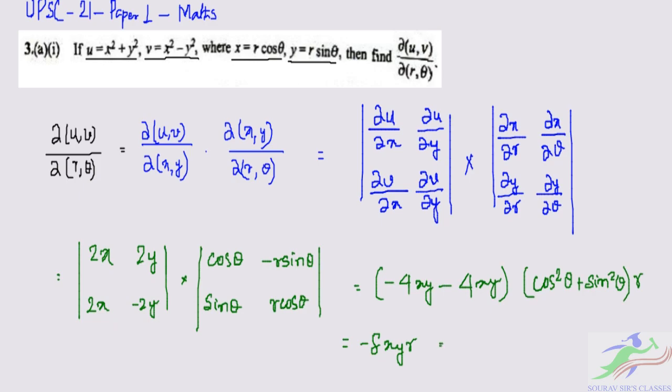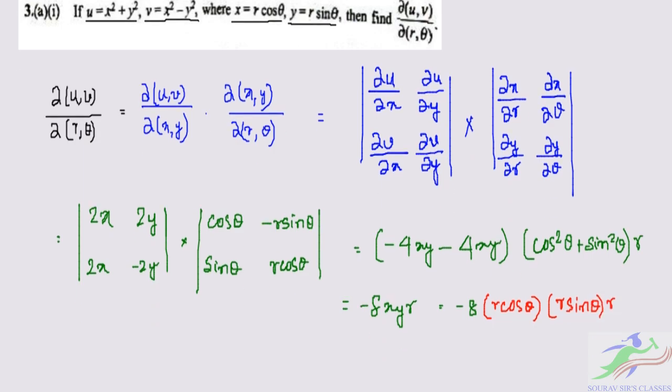That's all. Now put the value of x over here. So this is minus 8 as it is. Now put the value of x, that is r cos theta, and y is r sin theta, multiplied by r.